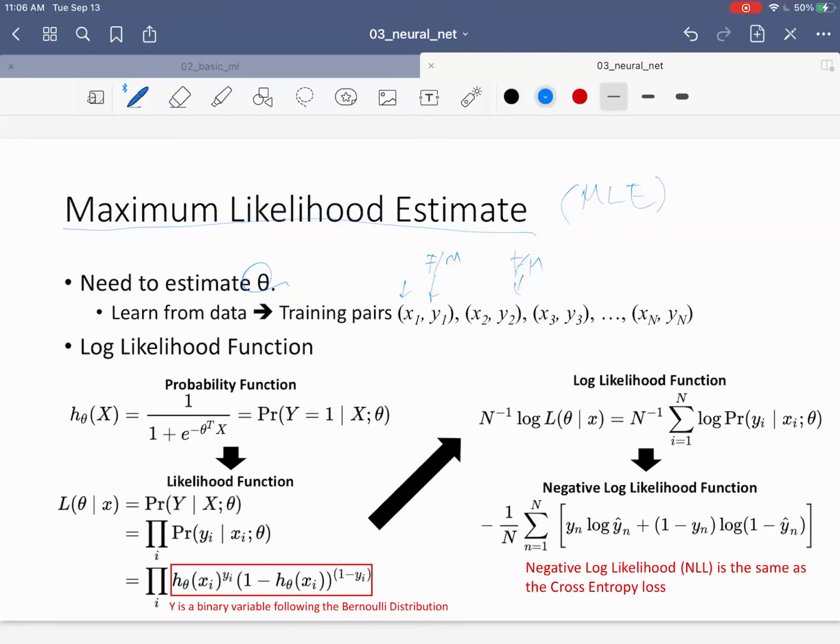So we start from the log likelihood function. You can remember that this was our probability function form, the logistic regression function form: h theta x equals 1 over 1 plus this value here.